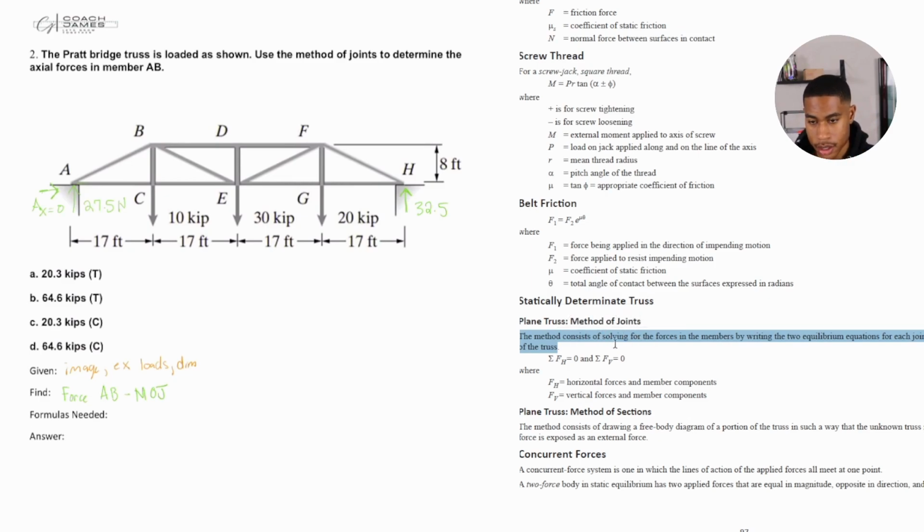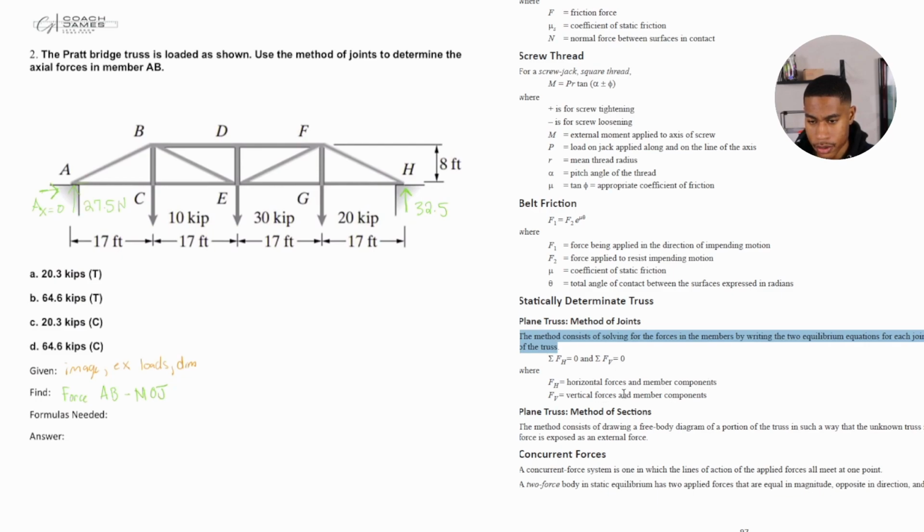So basically the method consists of solving for forces in the members by writing the two equilibrium equations for each joint of the truss. Okay. So the sum of the horizontal forces and member components is equal to 0.